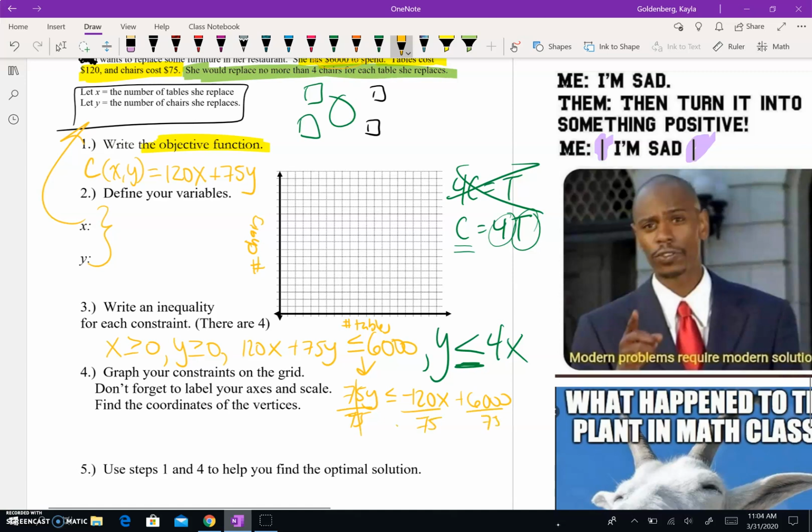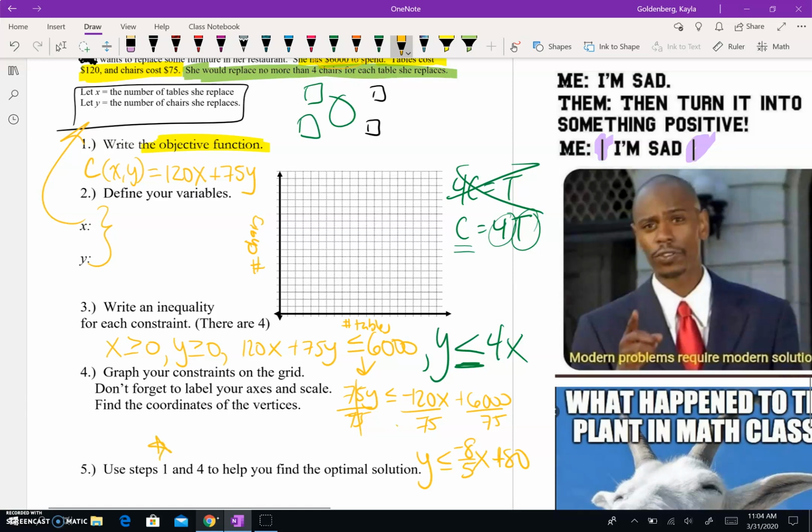Remember, you have to do that on each piece. So y is less than or equal to, on my calculator, 120 divided by 75. It's a decimal, so I use MathFrak on my calculator, and it tells me that it's 8/5, negative 8/5 x, plus 6,000 divided by 75, plus 80. So that comes out nicely.